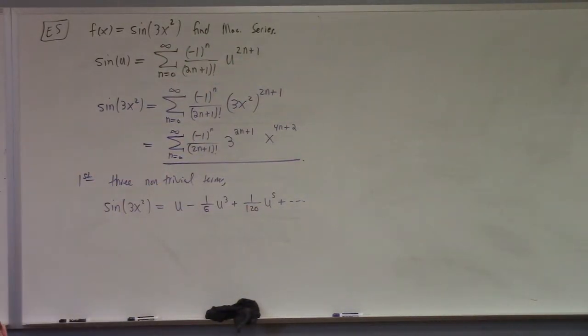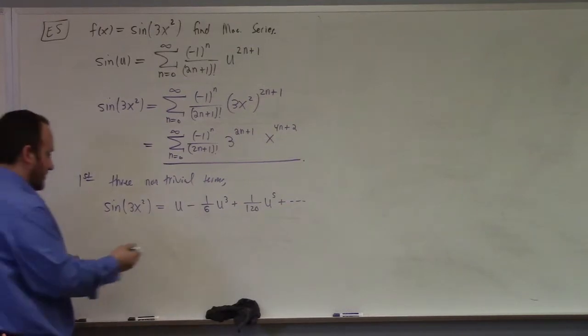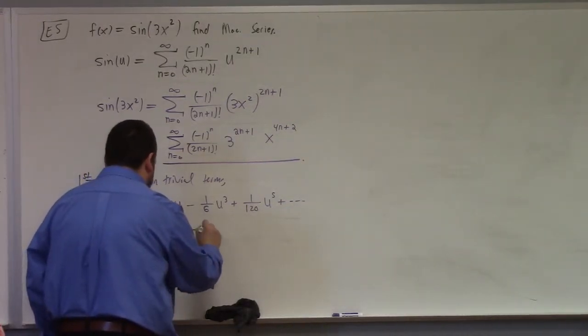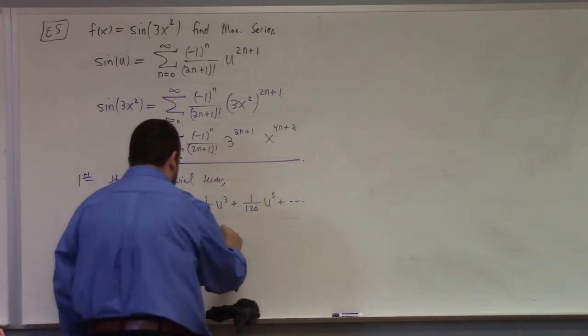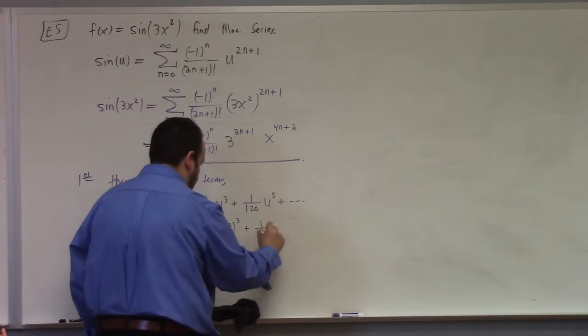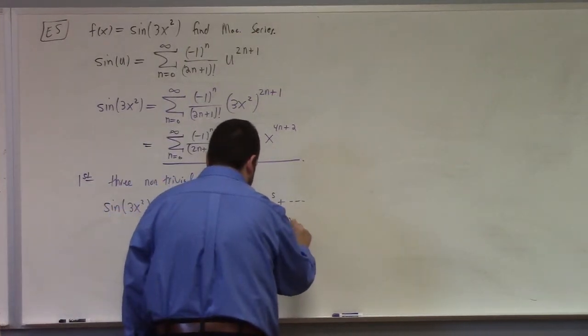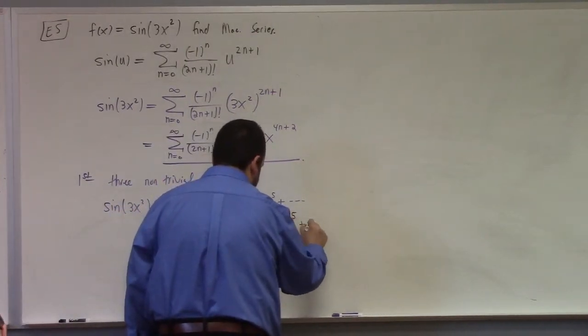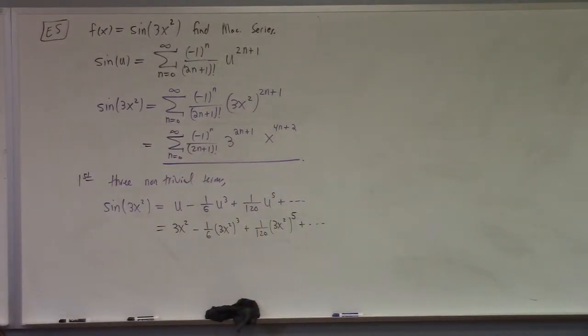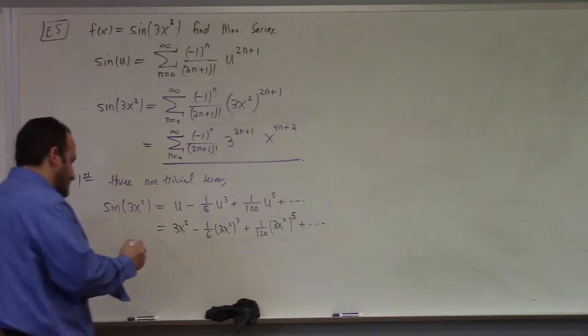Yeah? And if you did that, you should get 3x squared minus 1/6 of (3x squared) cubed plus 1 over 120 (3x squared) to the 5th power plus dot, dot, dot. And, you know, we should clean this up.